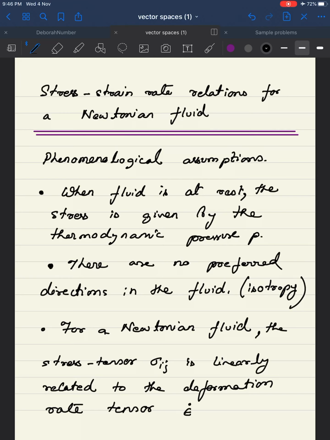So it is related to epsilon, and I'll just write KL here to keep it consistent, because we are writing in terms of the components. So this is epsilon dot KL.